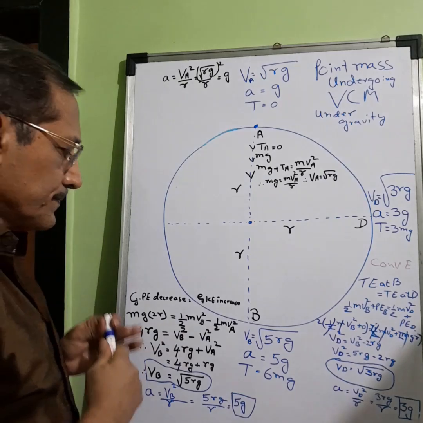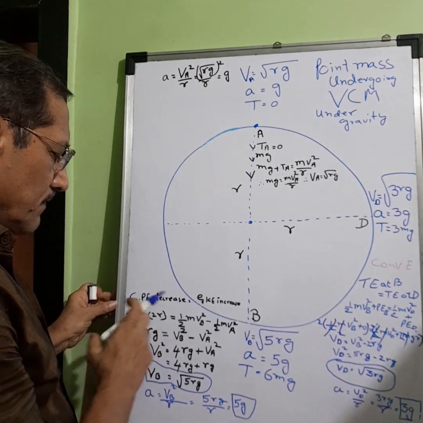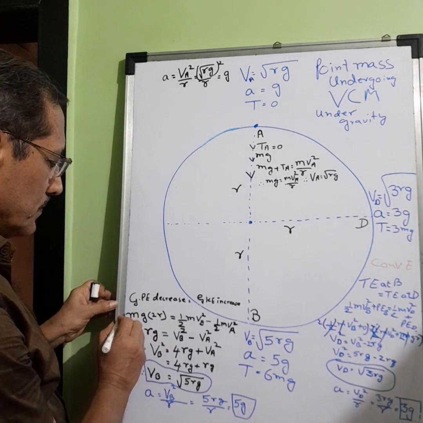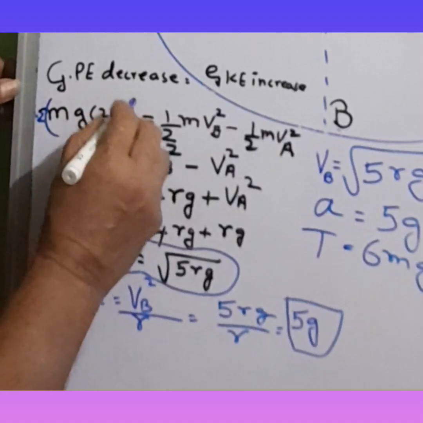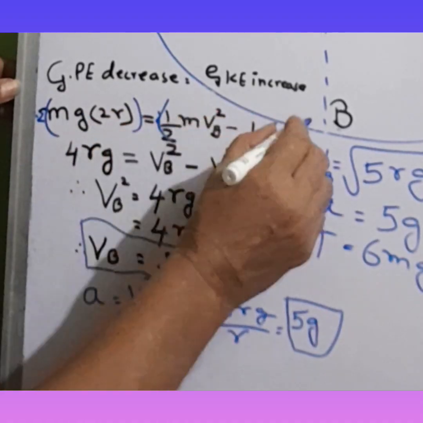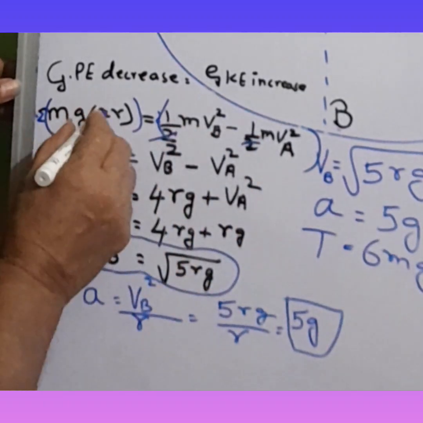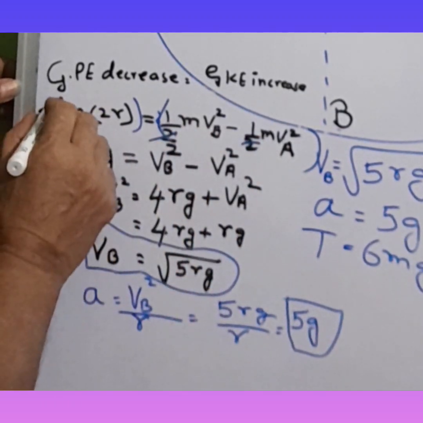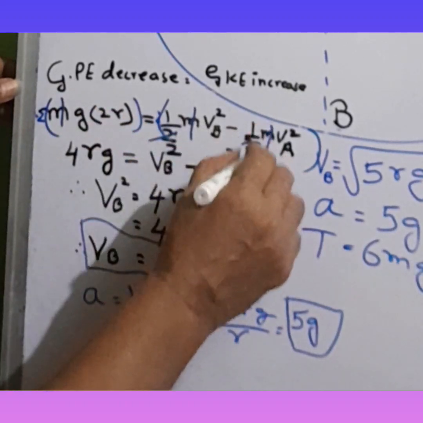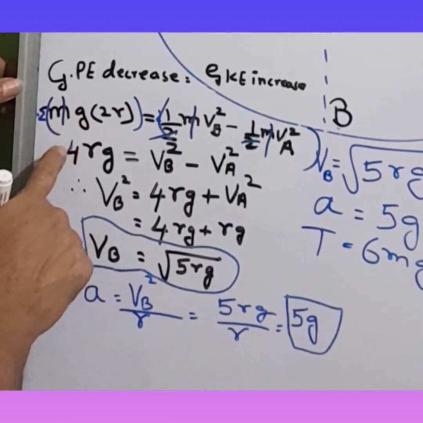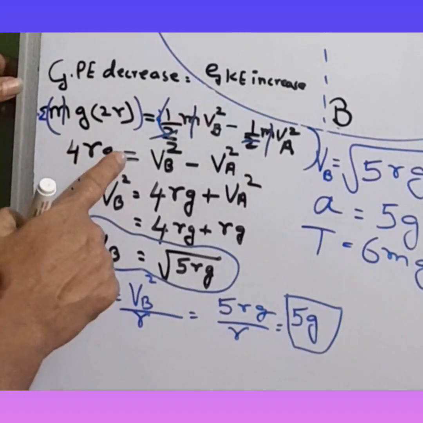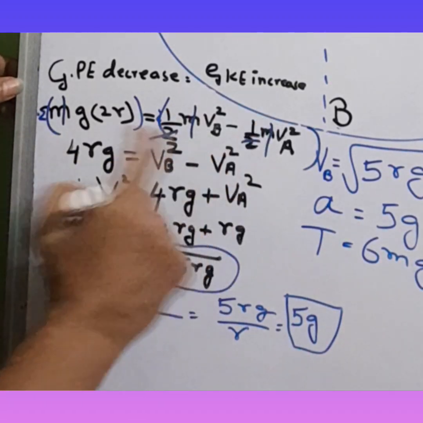Now we multiply throughout by 2. Obviously this cancels, and this becomes 4. Then m also cancels. So we are left with 4rg equal to vb square minus va square.